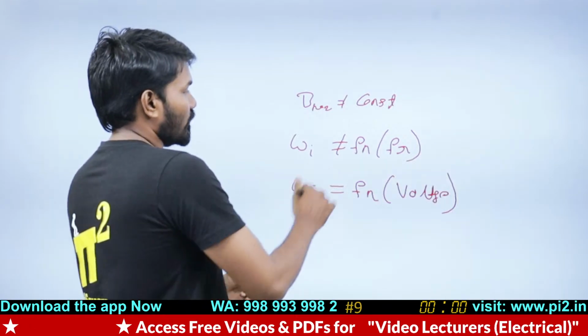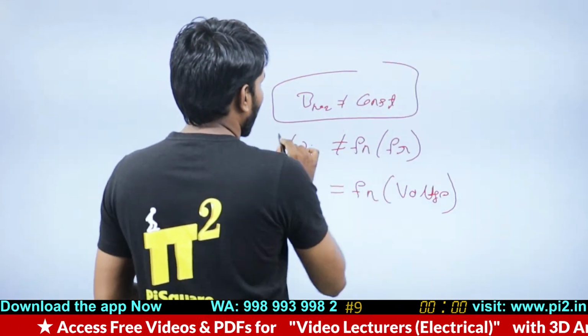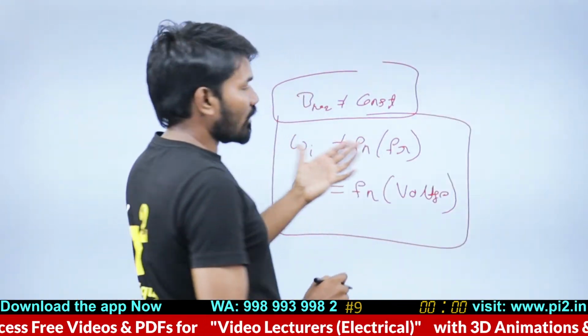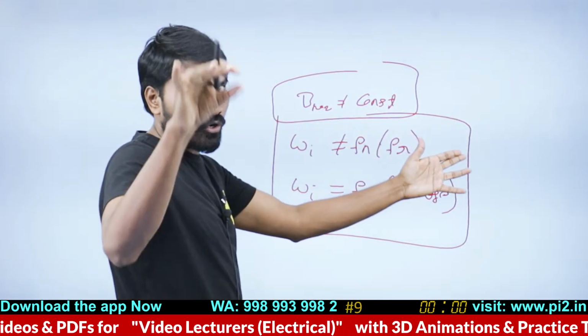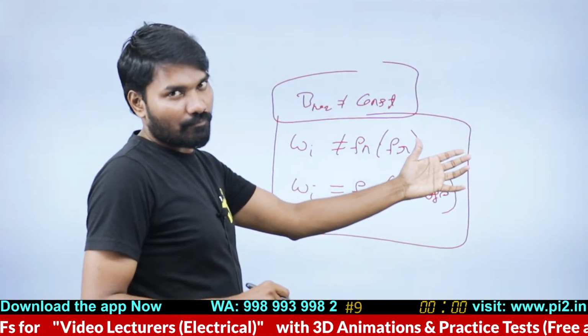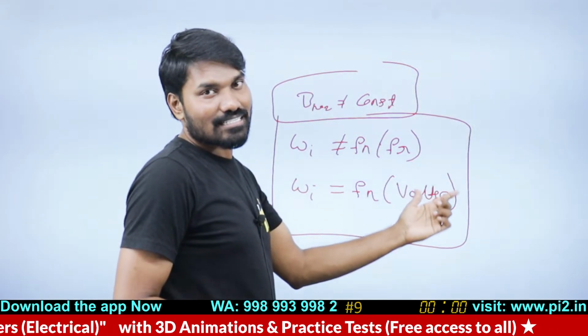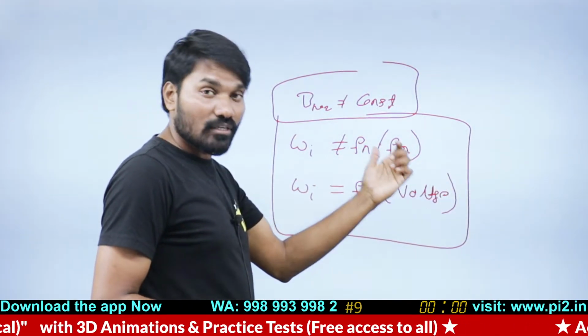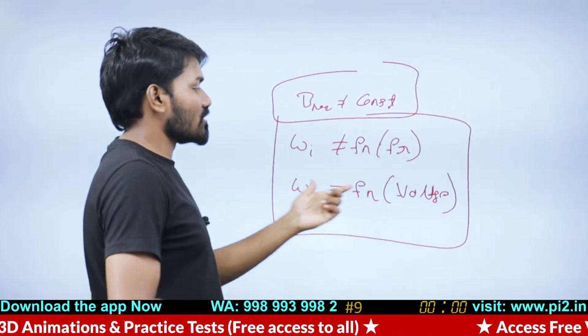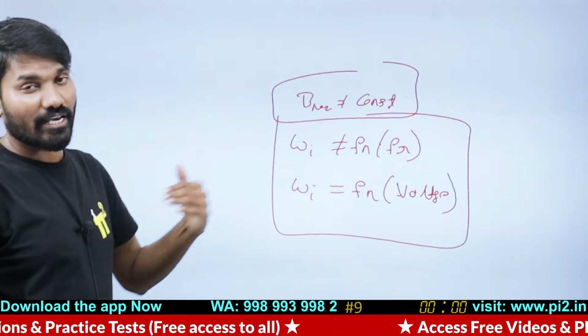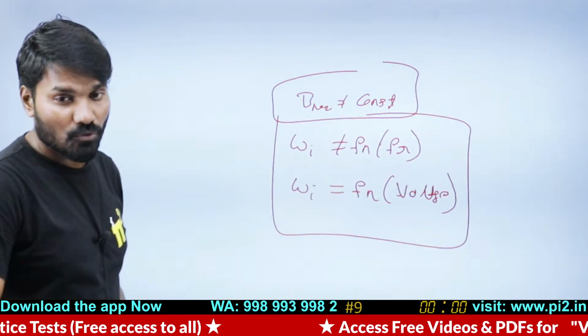So they are not under this condition. They're not a function of frequency, means if you change the frequency alone, nothing is going to happen. But if you change voltage alone, then iron losses will be affected. Proportionally iron loss will increase along with the voltage.